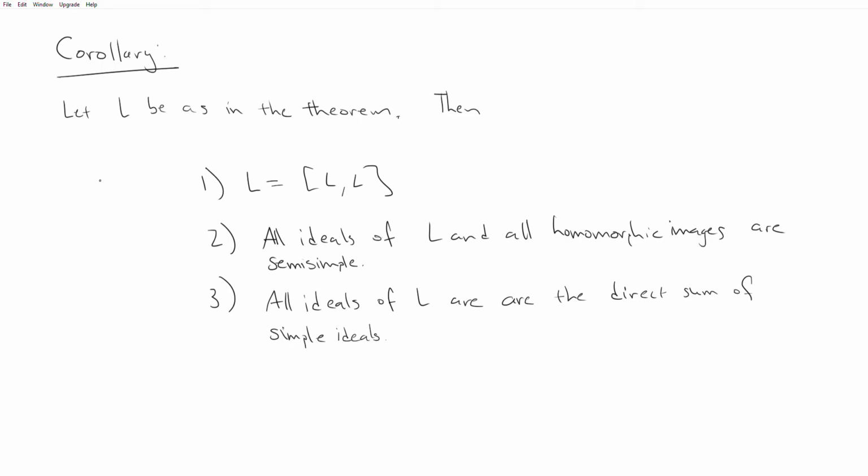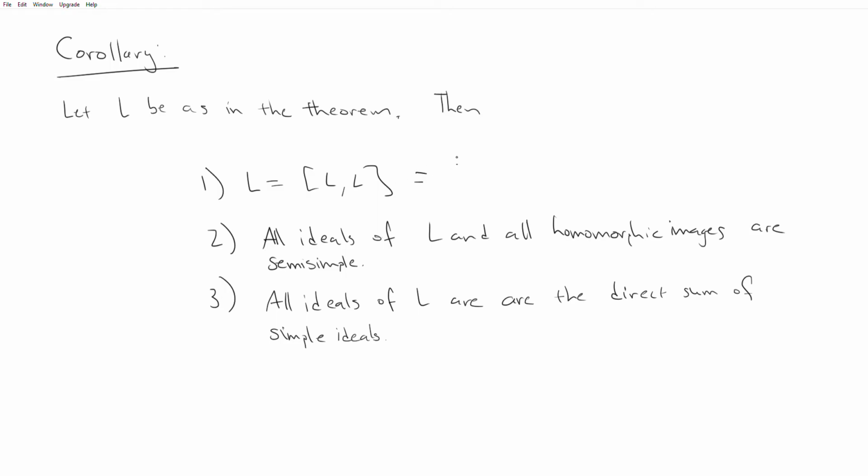So let L be as in the theorem, then L is equal to its derived algebra. This follows immediately from the fact that a simple Lie algebra is equal to its own derived algebra. Otherwise, it would have a proper ideal, which would not make sense because it's simple. And so then you just write L as the decomposition of simple ideals, and the fact that they're pairwise disjoint forces the following.